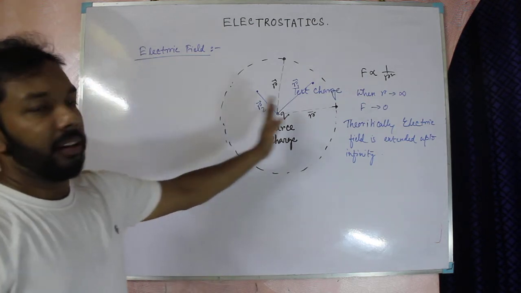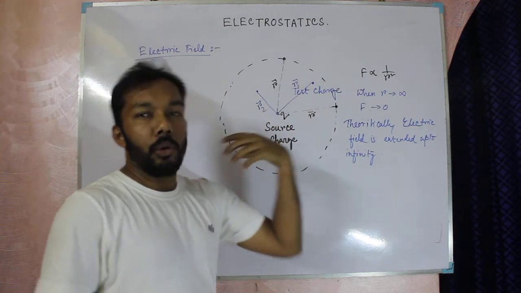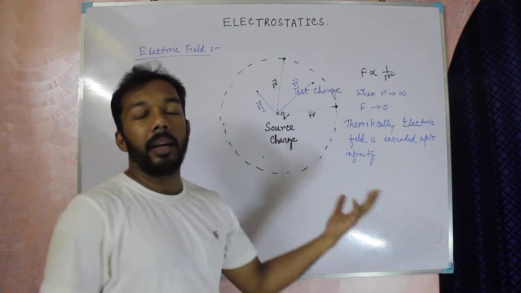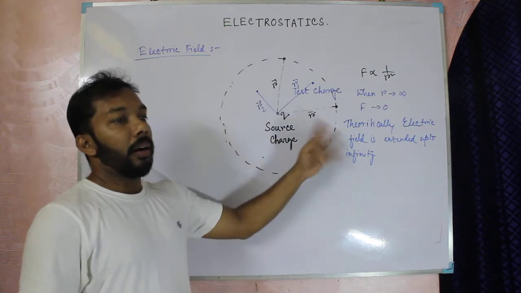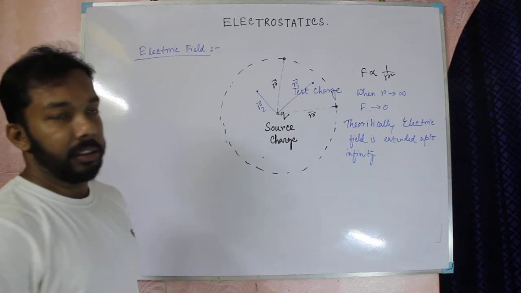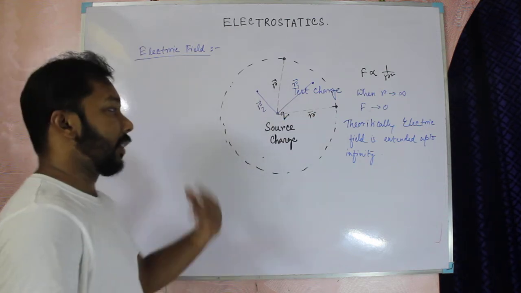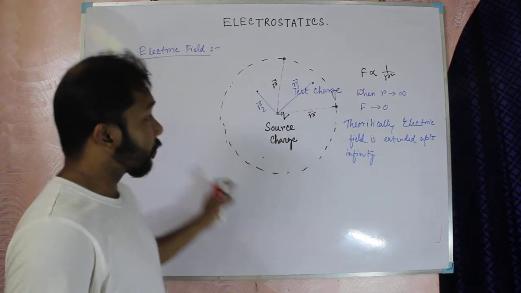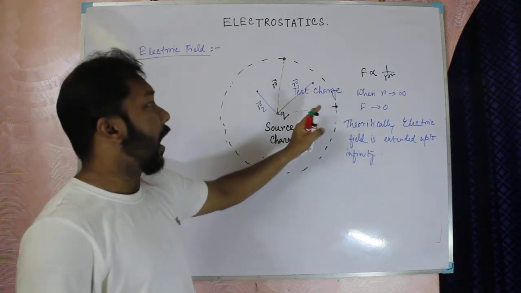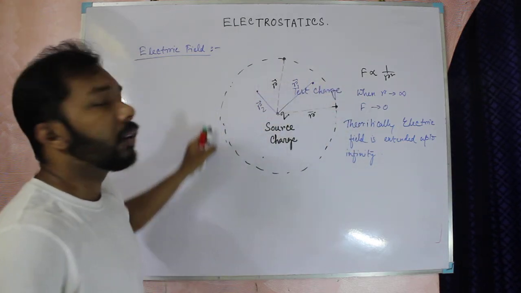Practically, after a certain region, the force becomes so weak that we cannot perceive the existence of the force, and it will not influence the test charge after a certain distance. Hence, we can imagine a boundary, and after the boundary, this space is called infinity.